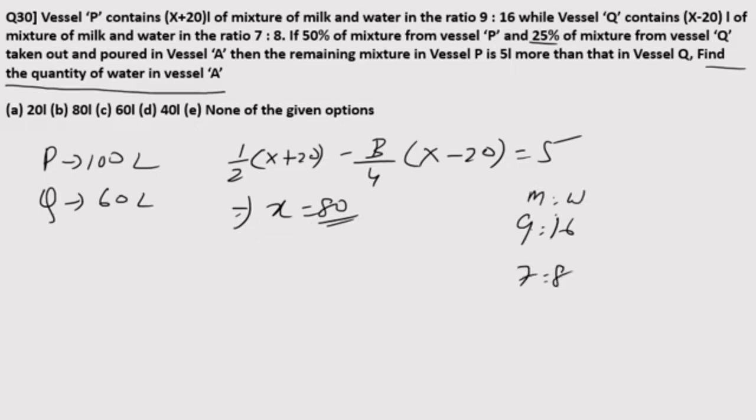Okay, and 50% of vessel P, 50% means total is 100, 50% is 50, and 25% of vessel Q, total is 60, 25% is 15. So the ratio is how much? This is 10:3. Okay, so they are mixed in the ratio 10:3.